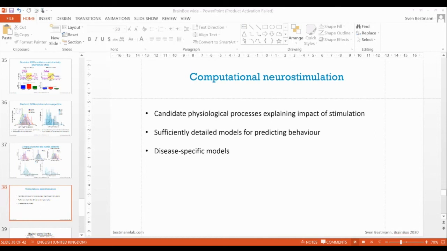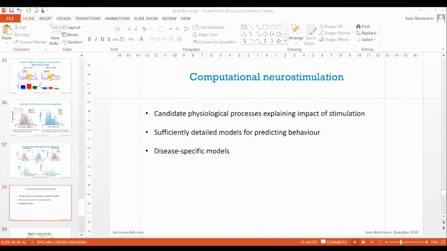And as I said, there's a huge community working on various models for different diseases. And to the extent where these models are quite successful, we probably can use them to add our stimulation on top, provided we have a good idea how stimulation would affect that specific model. Maybe, as I said, it could be in terms of a change in membrane potential, or we just operationalize it as a change in firing rate. If the model is more abstract, then maybe a change in a connectivity matrix, and so on and so forth.